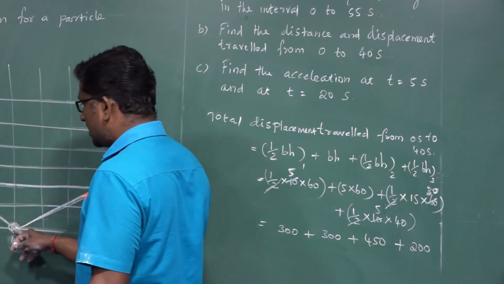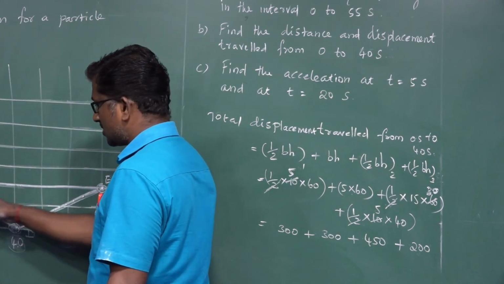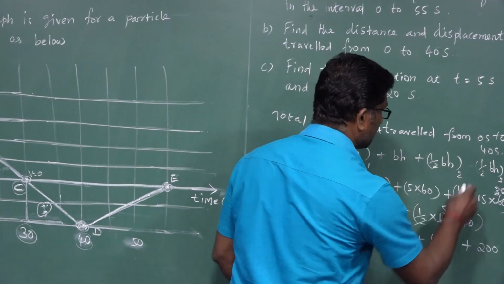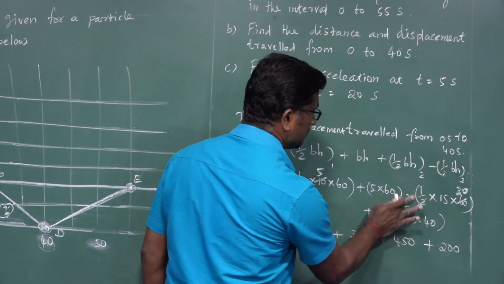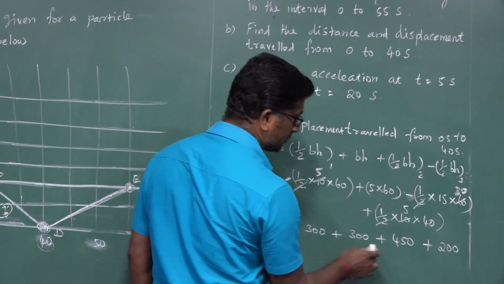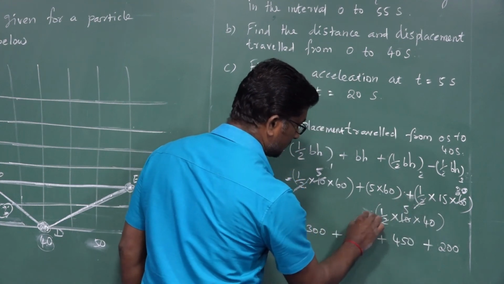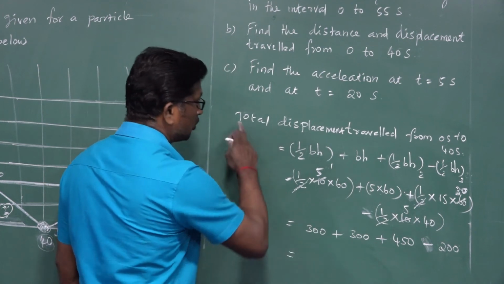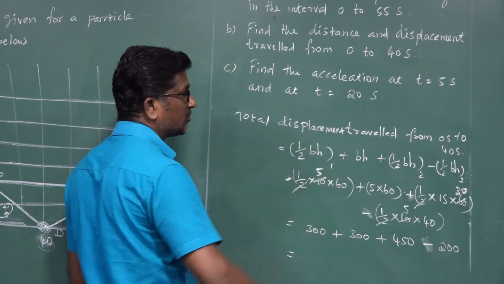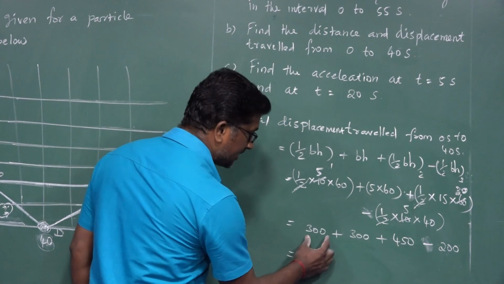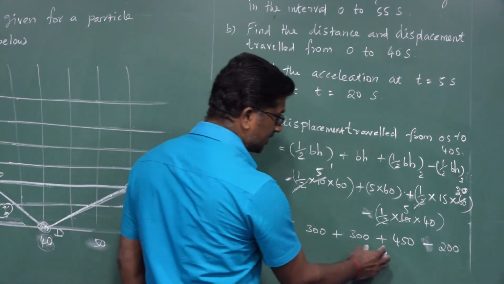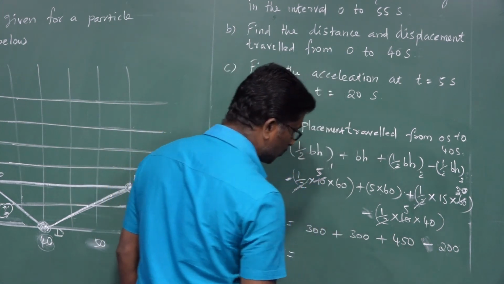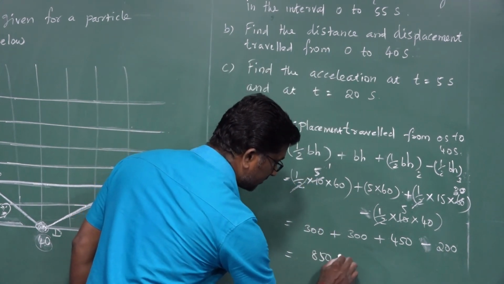But from C to D, the particle moving negative x-axis direction, so the displacement value is negative. So this is negative. And this value also negative, right? So the total displacement traveled by the particle from 0 seconds to 40 seconds is 300 plus 300, 600, 600 plus 450, 1050, 1050 minus 200, 850.